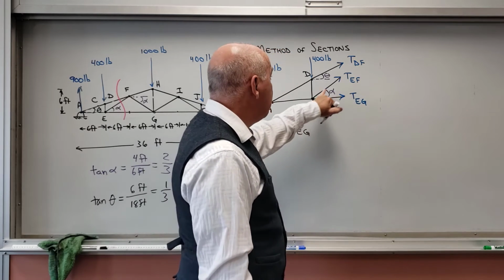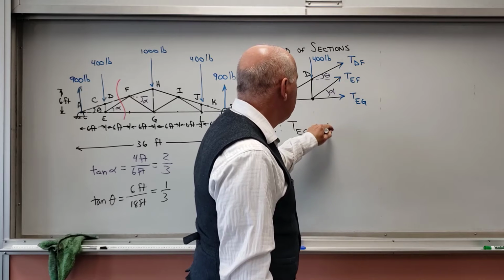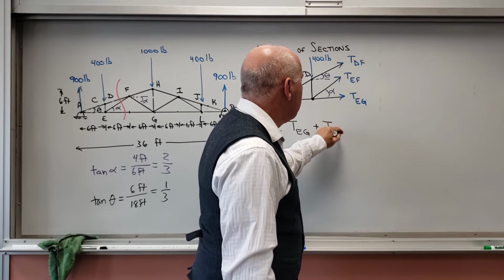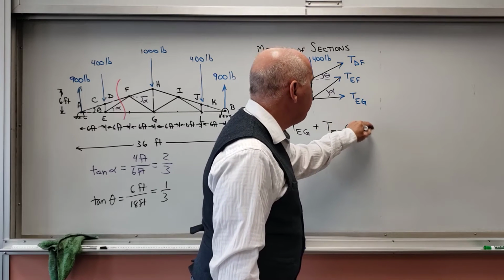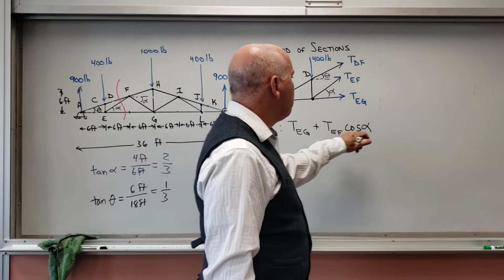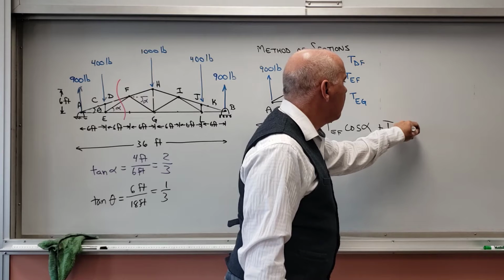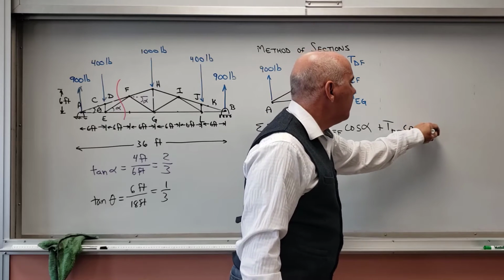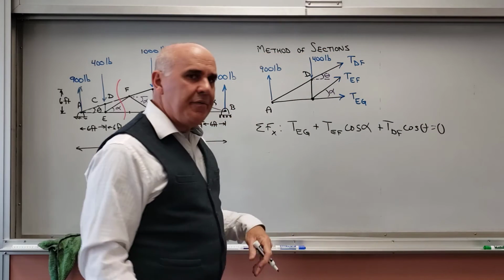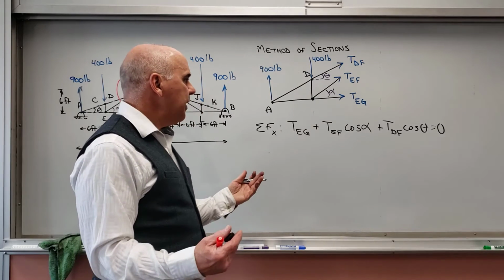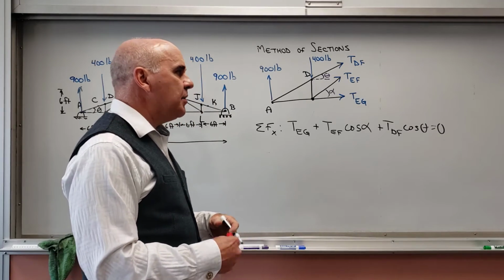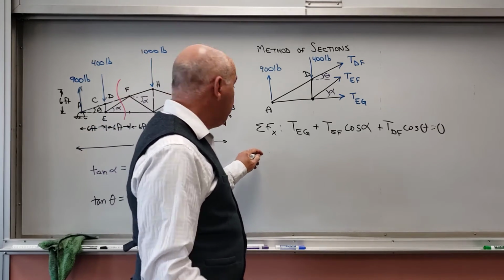TEF cosine of alpha, that's in the x direction, plus TDF cosine of theta, and that's all equal to 0. So I have 3 unknowns in there. I don't know any of those at this point, so I'm going to need 3 equations.